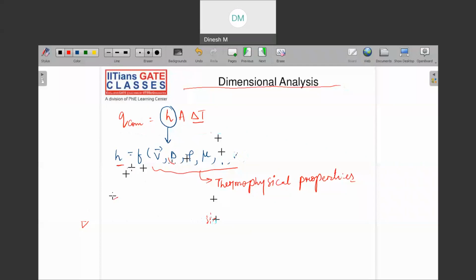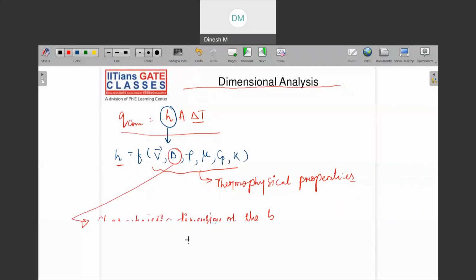D is equal to 4 times the cross sectional area divided by the perimeter. Let us say that you have a circular pipe, and inside it you need to analyze forced convection heat transfer.